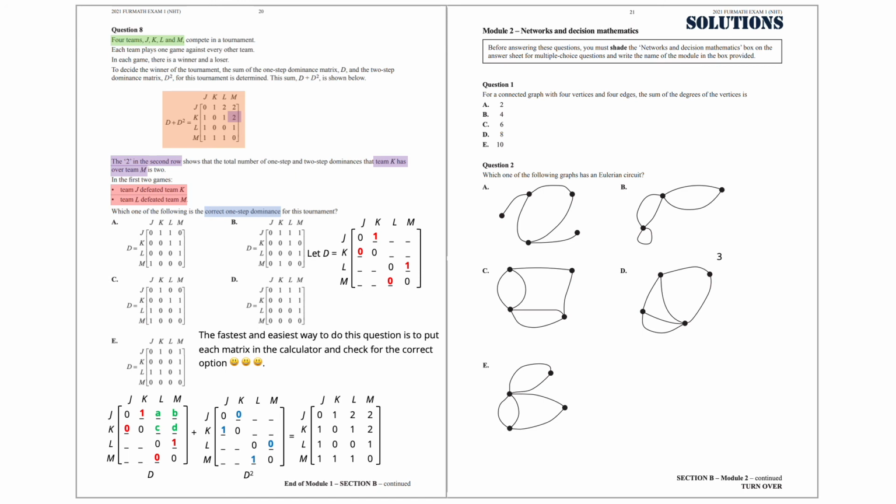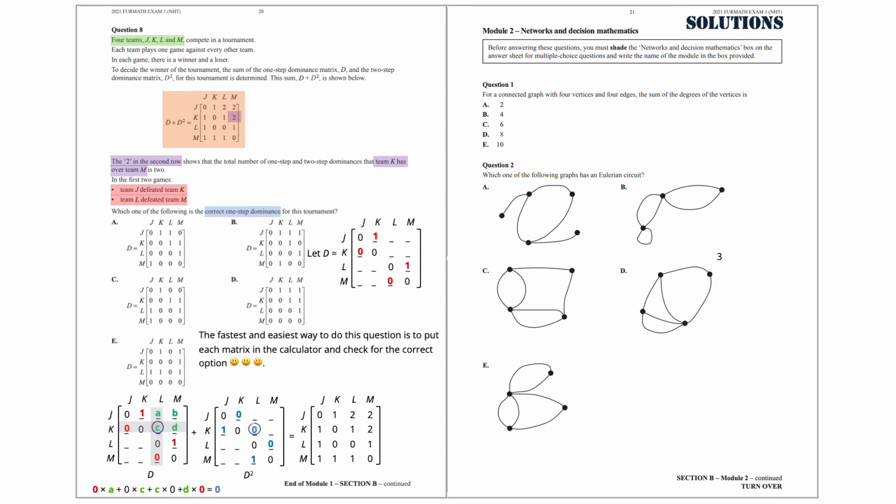Let's multiply row 2 by column 3 in matrix D. This is going to give us the element in row 2, column 3 in the matrix D squared. So we have 0 times A plus 0 times C plus C times 0 plus D times 0 equals 0.